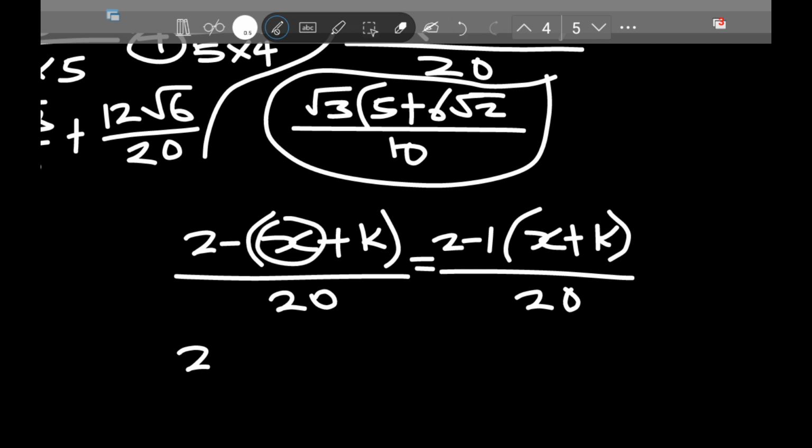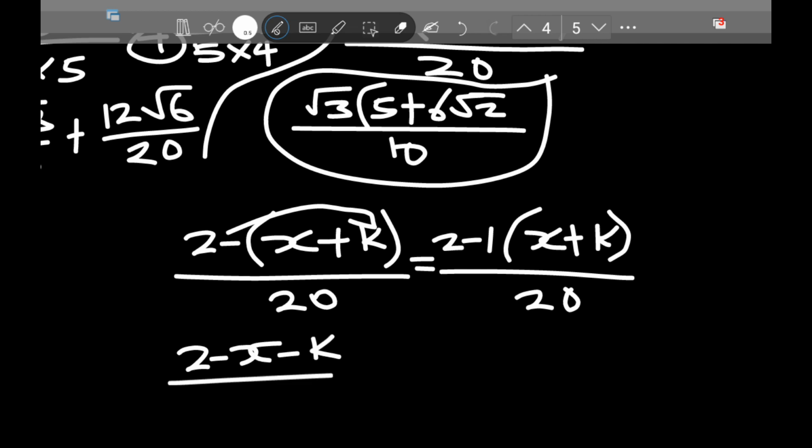Negative times x, it's negative x, and negative times positive k, it's negative k over 20.